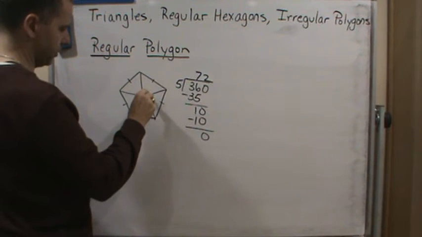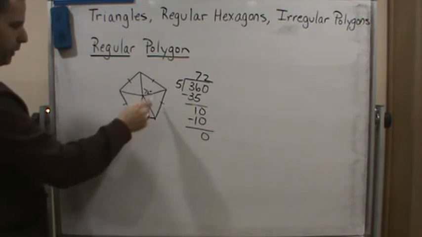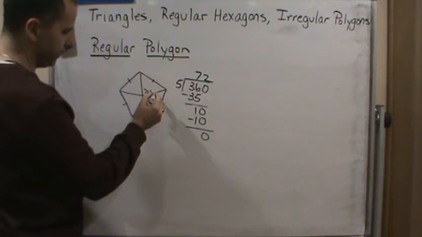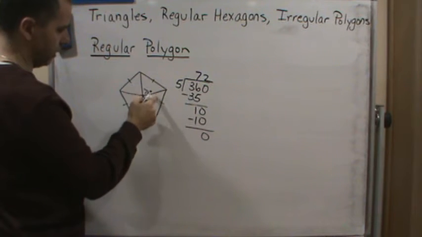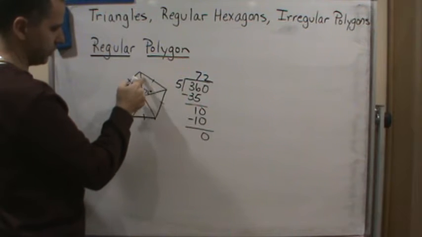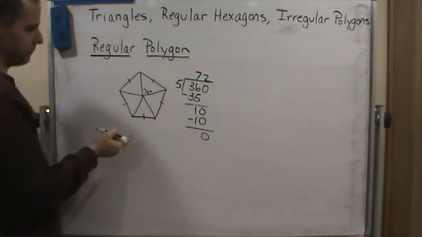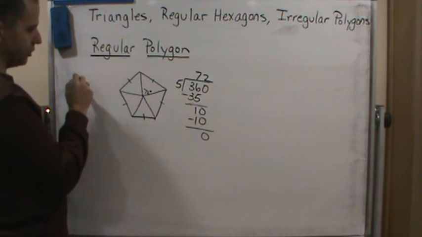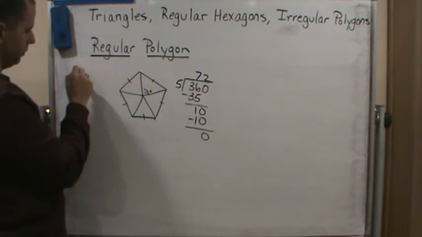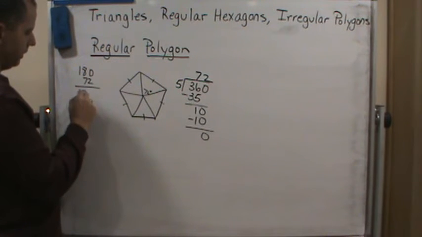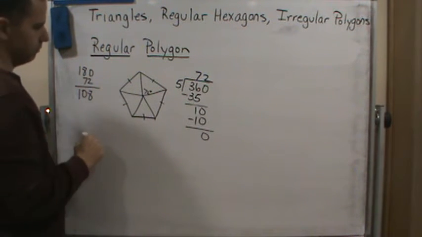So the middle angles are all 72 degrees all the way around. That means, what do I just create here? This is an isosceles triangle because these two lengths are the same. So the base angles must be the same. So what's left over? 180 minus 72 is 108.